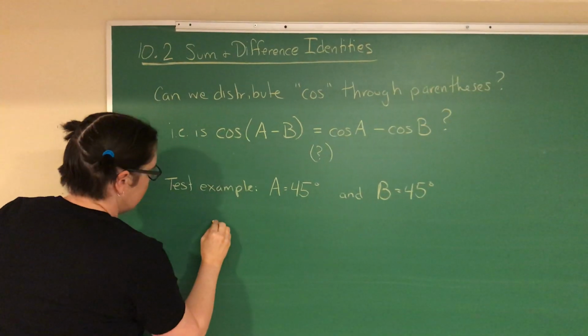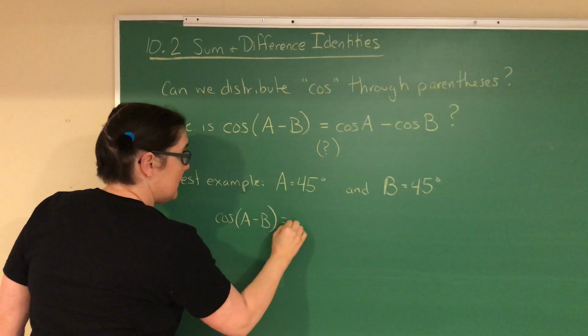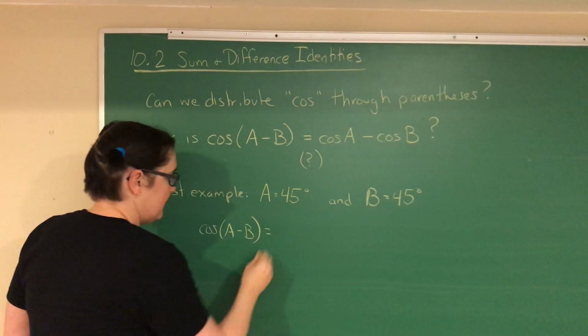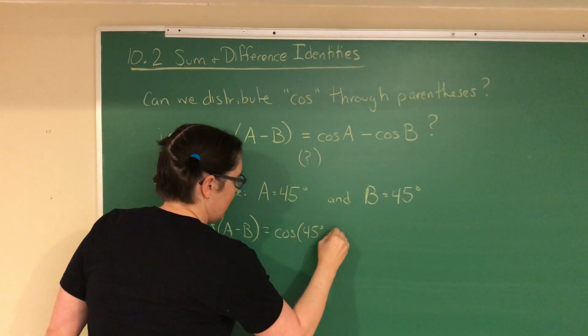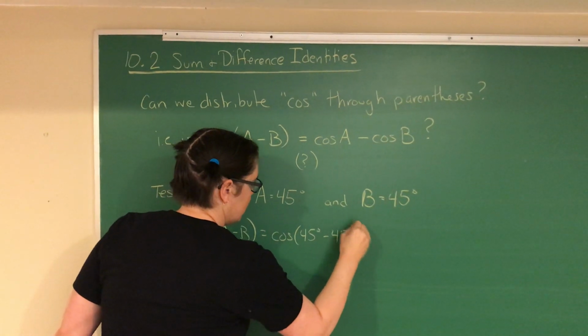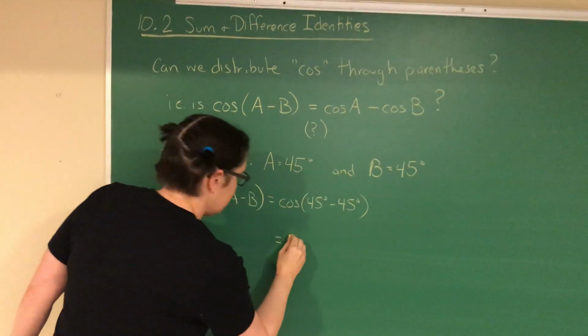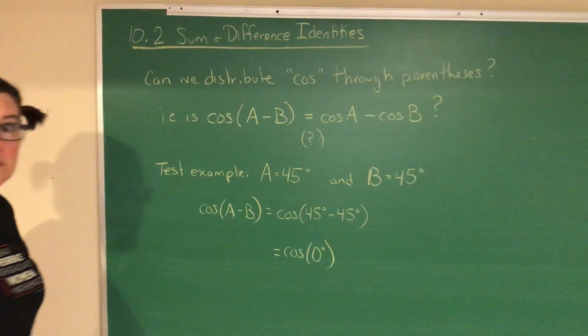Then let's take a look at what cosine of a minus b would be. Well, we'd plug in 45 degrees for a and 45 degrees for b, so we'd have cosine of 45 degrees minus 45 degrees. And if I simplify inside the parentheses, I have cosine of 0 degrees.